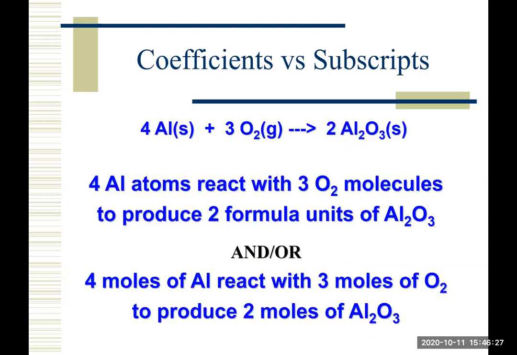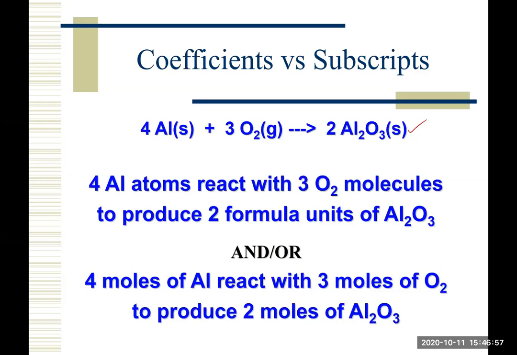When we read these coefficients, we can read them either at the atomic level or we can read them at the molar level. And so reading this balanced chemical reaction equation at the top of the screen, we could say that we have 4 solid aluminum atoms reacting with 3 gaseous oxygen molecules to produce 2 formula units of solid aluminum oxide.